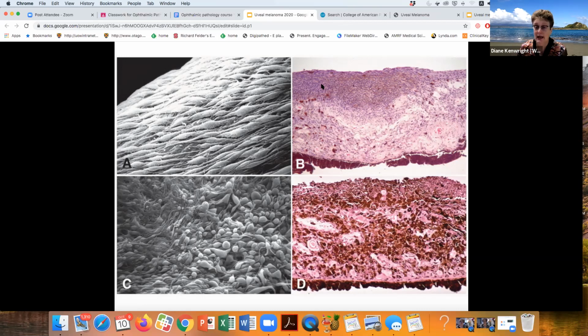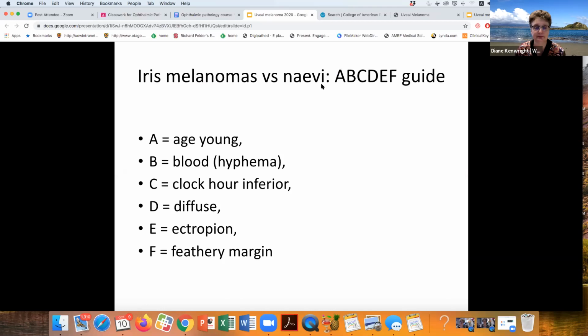It can be really hard to get enough material from a tiny iris biopsy. So we preserve it, just cut slices and send some off for genetics early, because we know, as well as being prognostically important, it can also be diagnostically important in iris melanomas.